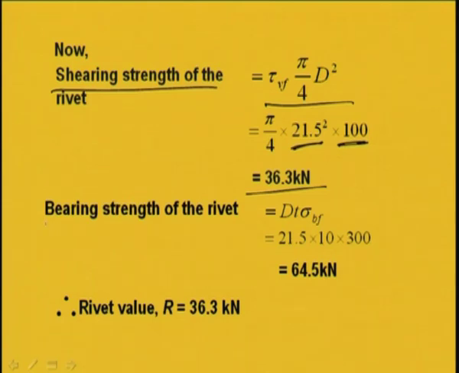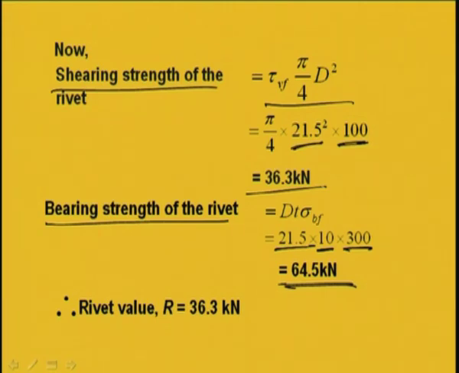And from the bearing point of view, it will be d into t into sigma PF. So d is the gross diameter of the rivet, that is 21.5, thickness is 10 and sigma PF, the bearing strength, is 300 MPa. So after this, we are going to get 64.5 kilonewton.